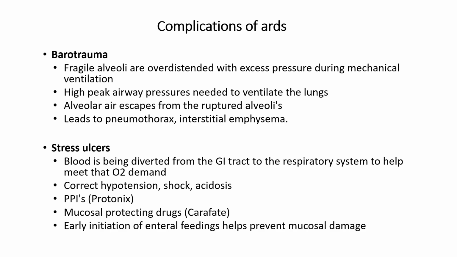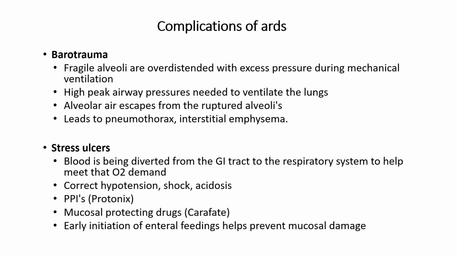Stress ulcers are another complication in ARDS patients, which occur in the stomach and the GI tract. This is because when the body is under severe stress, like in ARDS, it redirects blood flow away from the GI tract and toward the vital organs, especially the lungs and brain. Less blood flow in the stomach means that the protective lining becomes weaker, making it more vulnerable to acid and ulcer formation.